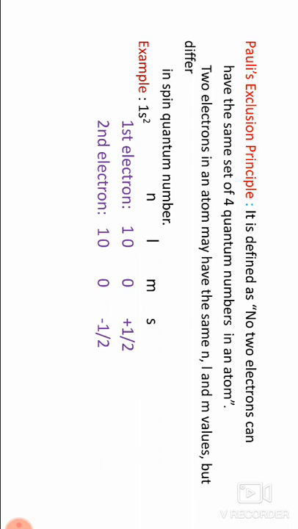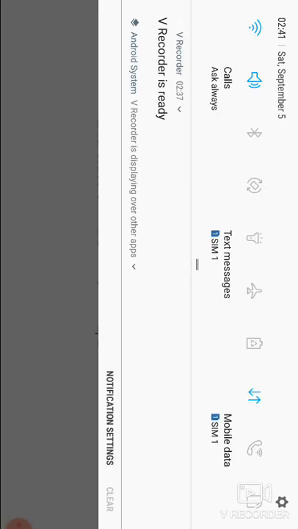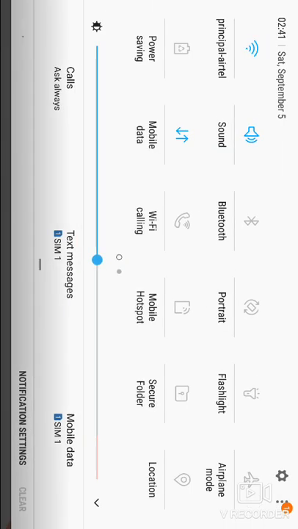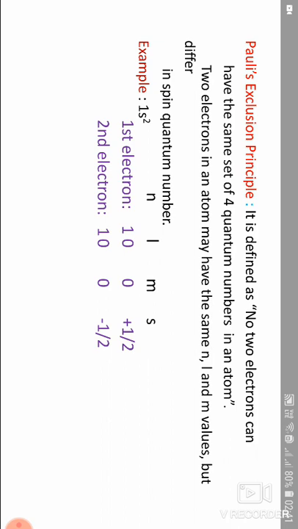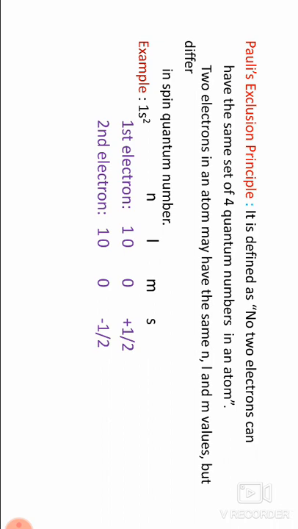Example, first electron: n value 1, l value 0, m value 0, s value plus half. Second electron: n value 1, l value 0, m value 0, s value minus half.